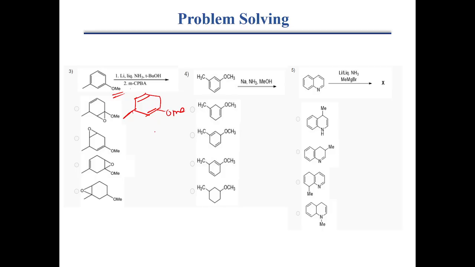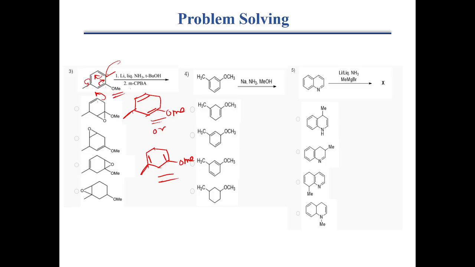It will give this product or this product. If the single electron transfer attack is through this position, the arrow will move this way and give this product, or the ortho attack happens through this position and the arrow will move this way.